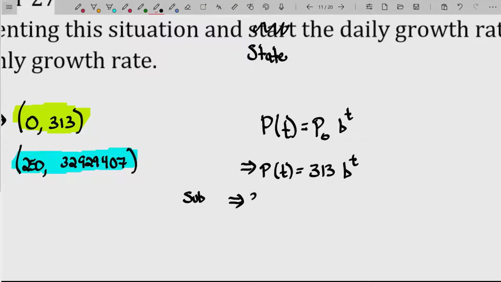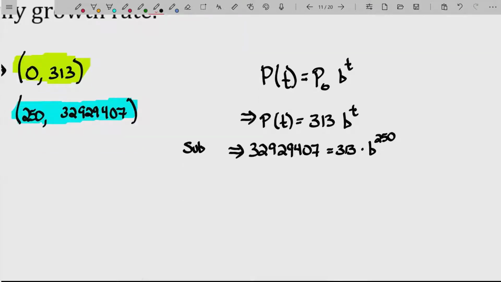So we have 32,929,407, and that is equal to 313 times b, some base, to the 250th power. We want to solve this for the base, so we want to know what the base of this function is, and that just involves dividing by 313 so that we get this ugly number.